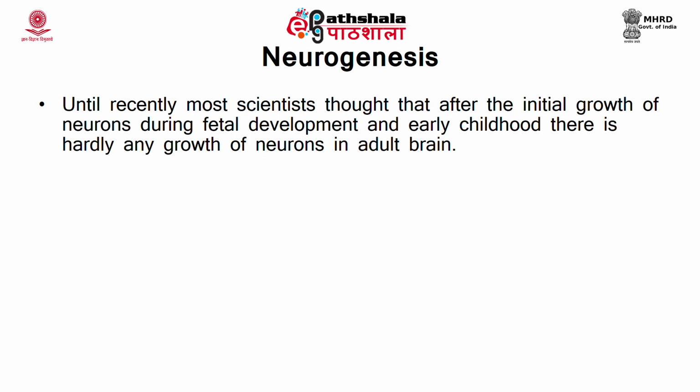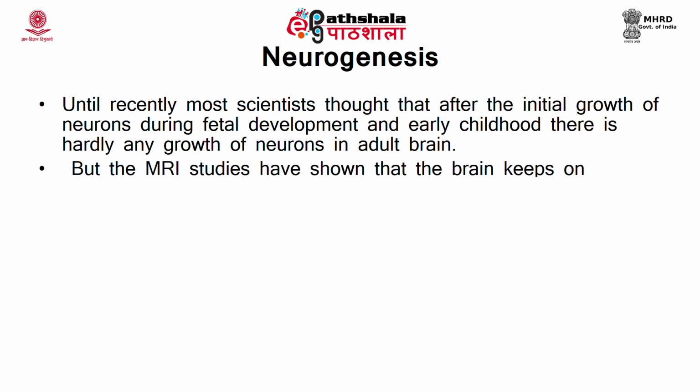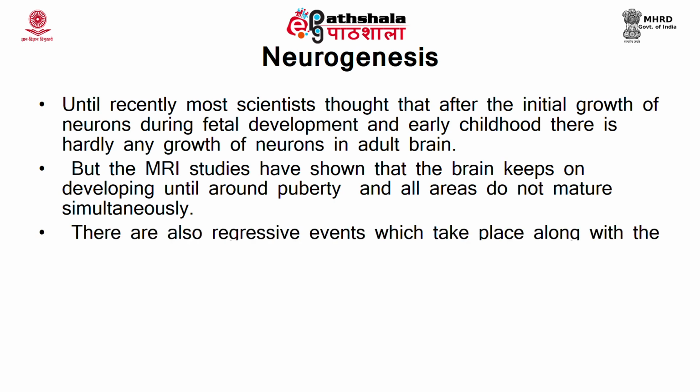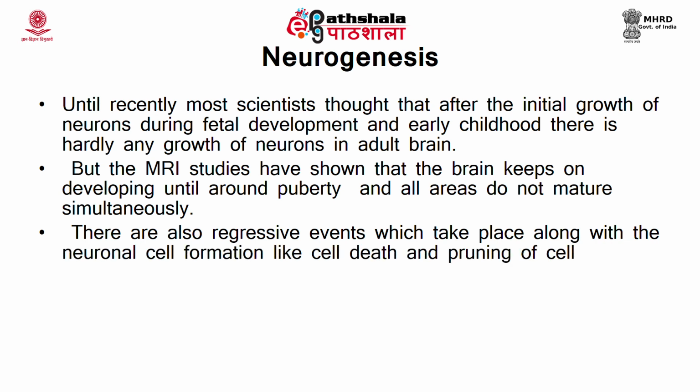But today, MRI studies have shown that the brain keeps on developing until around puberty, and all areas do not mature simultaneously. Besides this, there are also regressive events which take place along with the neuronal cell formation, like cell death and pruning of the cell connections.